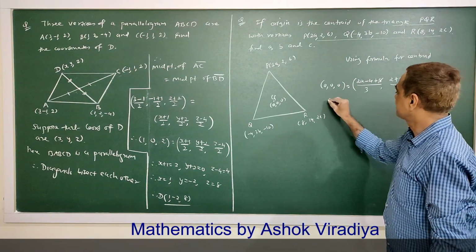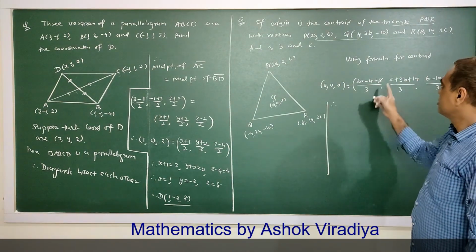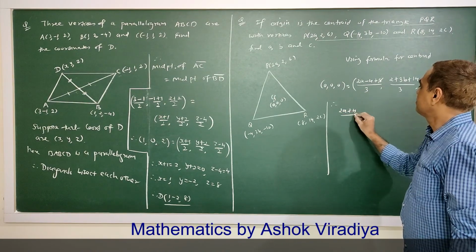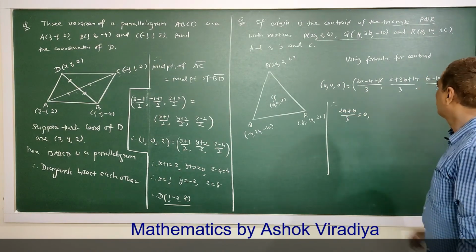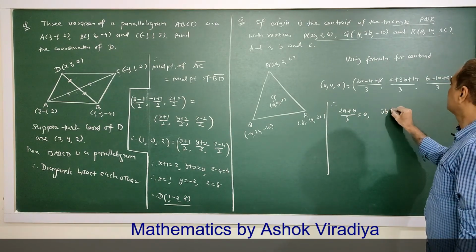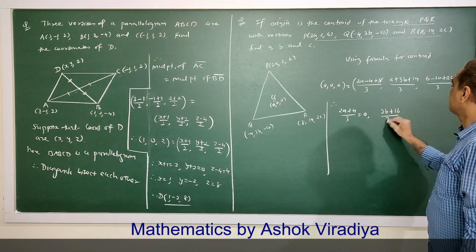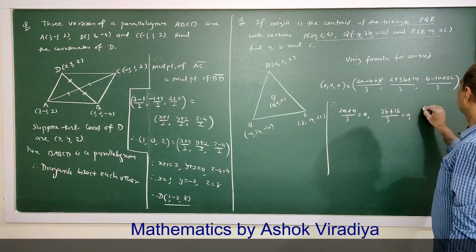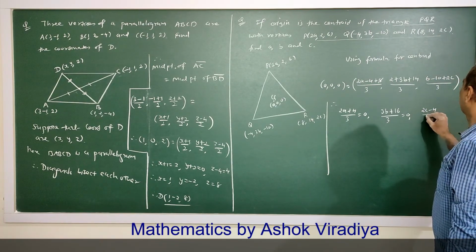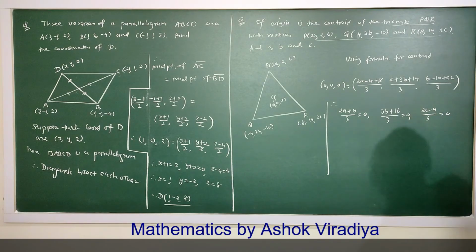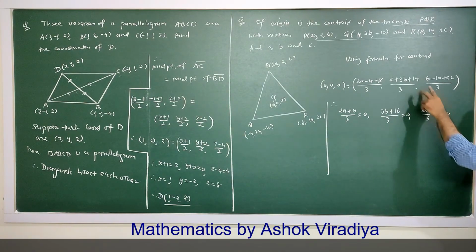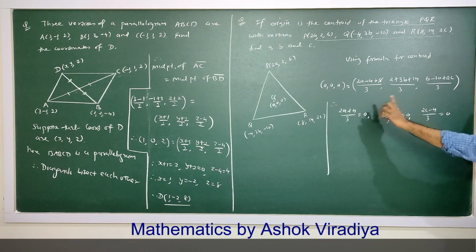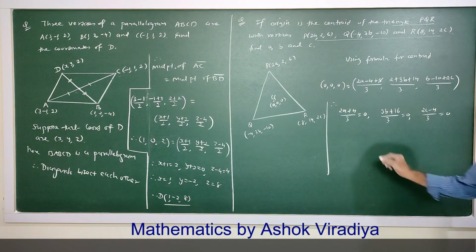Simplifying this, 2a plus 4 by 3 is 0, comma 3b plus 16 by 3 is 0. Here 2c minus 4 by 3 is 0. 6 minus 10 is minus 4, 14 plus 2 is 16, 8 minus 4 is 4.